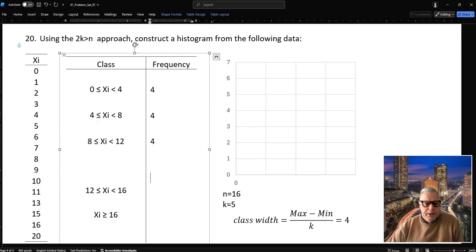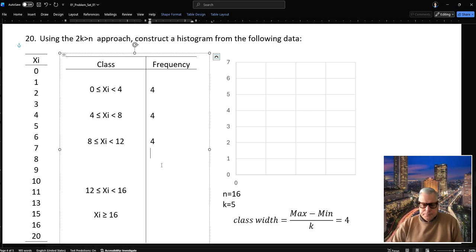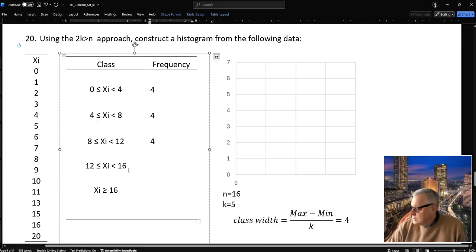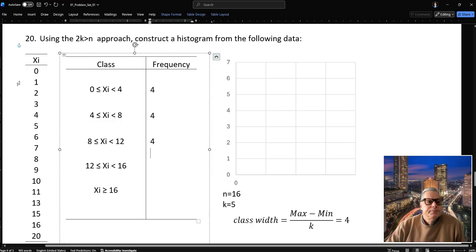I don't know why that doesn't match here. Okay, so here between 12 and 16, maybe I just get my tablet quickly, and then I can write it by hand.